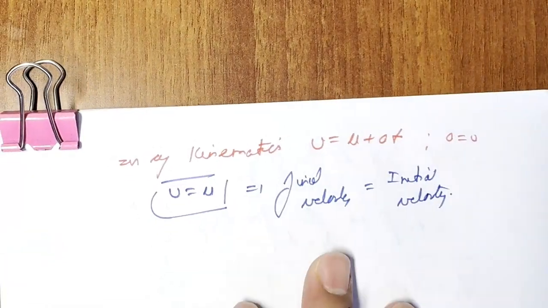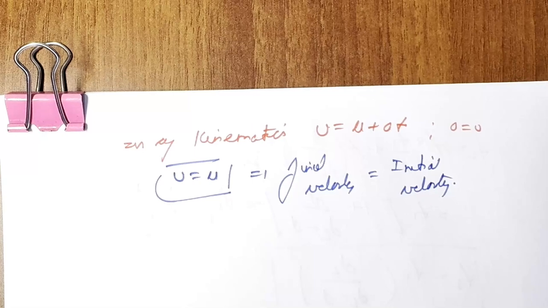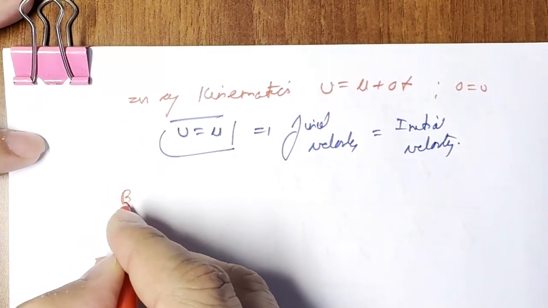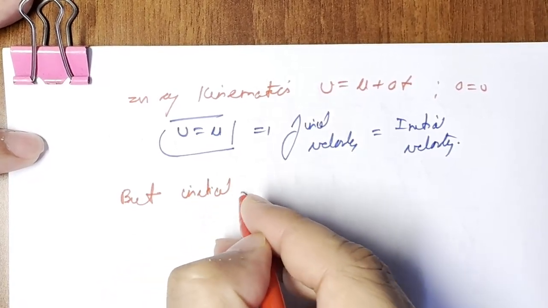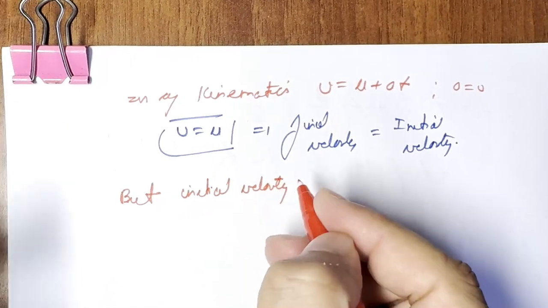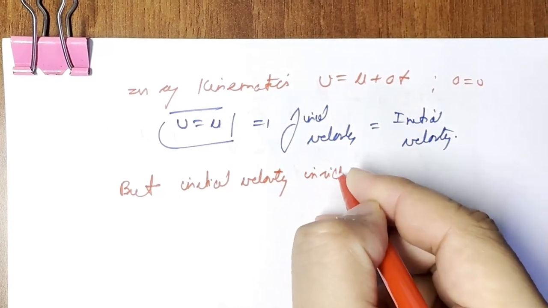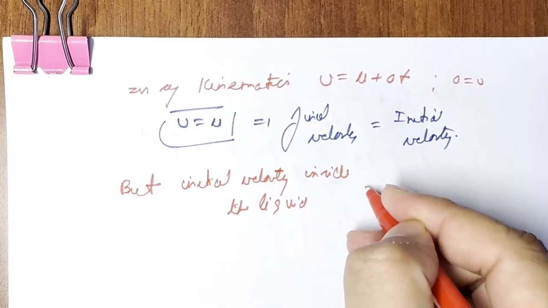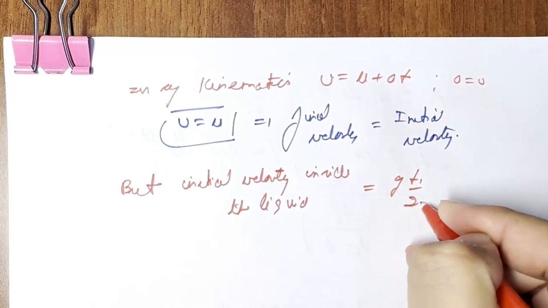And this we are talking with respect to the liquid. Initial velocity inside the liquid is equal to g T1 by 2.